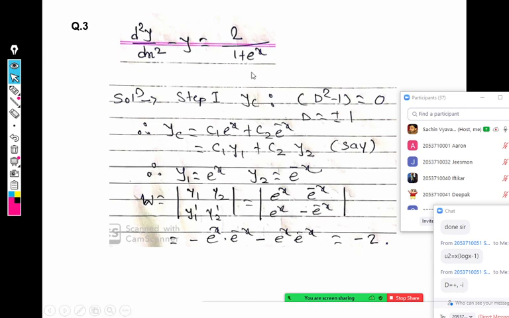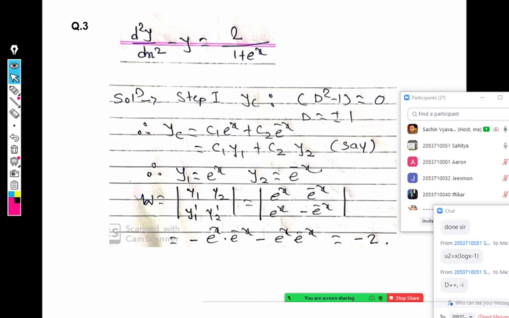That is one of the integrals you require. Okay, those who are done, sir. Okay, done. Very good.